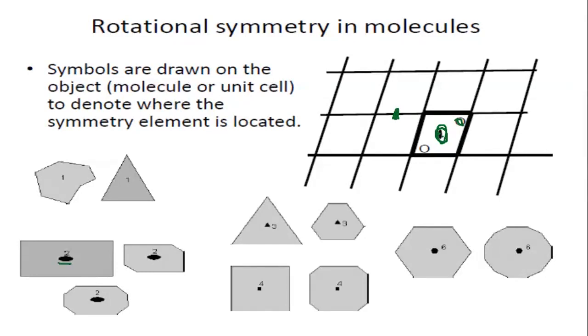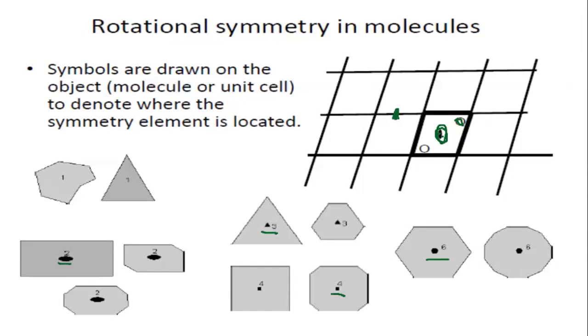So we have triangles for threefold, squares symbolize fourfold, and 6 is a hexagonal-looking rotational symbol. So you will see these, and if you've used Mercury yet, when you do your Mercury assignment, you'll see the different symmetry elements pop up where they're located in the unit cell.